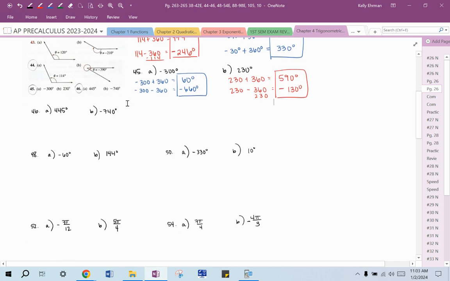Okay, 46. We're still doing the same thing for 46. Okay, so 46 is 445. That's more than 360. So let's subtract 360 instead of adding it. So 445 minus 360. So let's see. 45 to get me down to 400, and then an extra 40 to get me to 360.